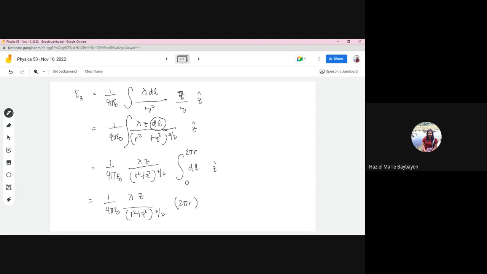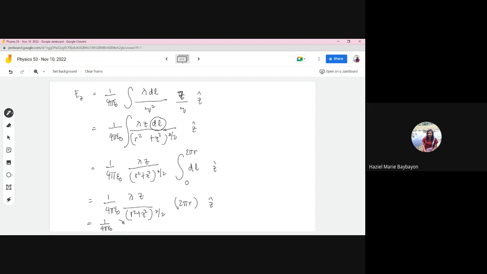Okay, so I guess we can rewrite this one. We can cancel out the pi and the 2, but we can also retain k. K is 1 over 4 pi epsilon naught.